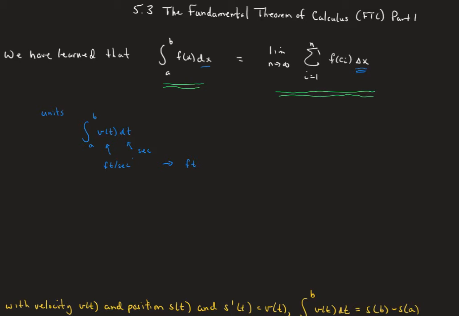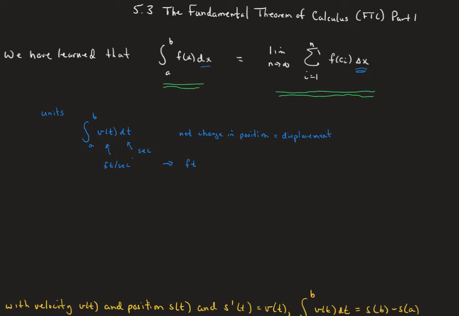We have seen that when you integrate the velocity function from a to b, what you get is what is known as the net change in position. So it's going to be a measurement in feet, or whatever that length is, so a net change in position, which is the same thing as displacement. It's how that position changed over time.